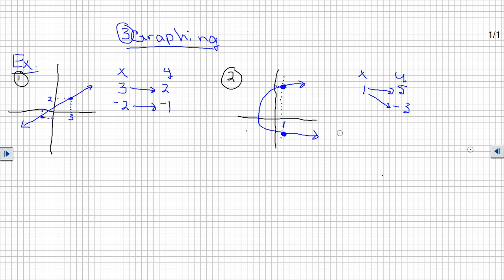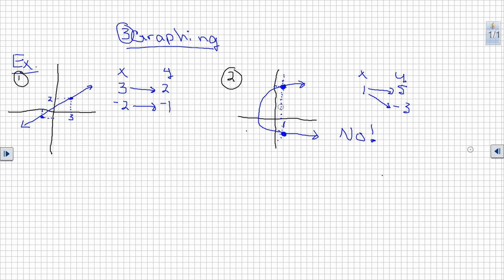That is not a function. This x value of 1 has 2 points on it, 2 y's. It's like I've drawn a straight line down, and I see that my graph touches that straight up and down line twice.